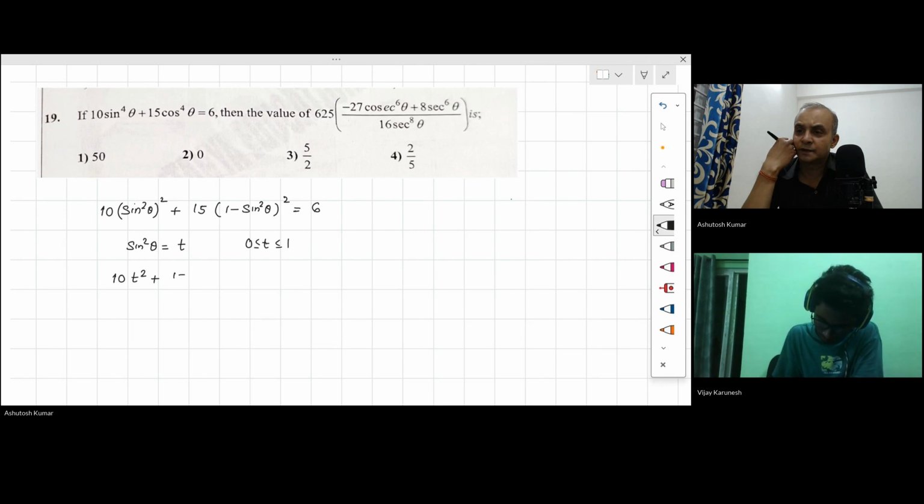10 t square plus 15 times 1 minus t, the whole square is equal to 6. Find it.